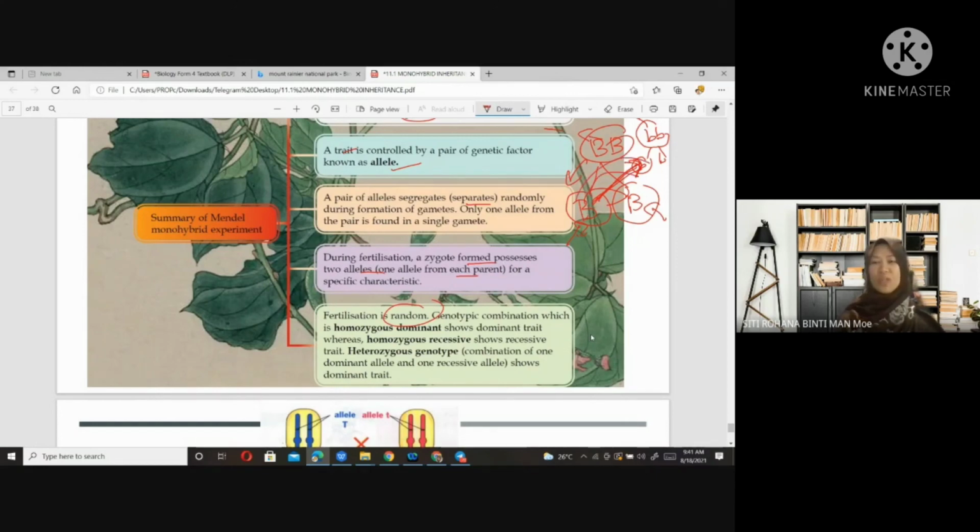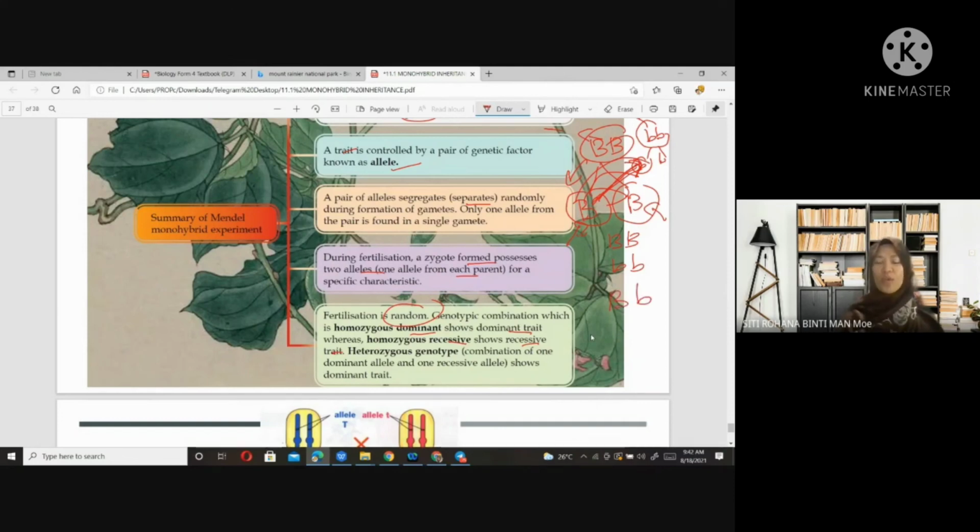So genotypic combination which is homozygous dominant shows dominant trait. Homozygous recessive shows recessive trait. Okay, recessive. Dominant. Okay. So heterozygous genotype. Heterozygous.